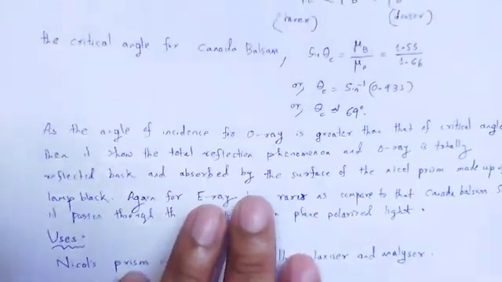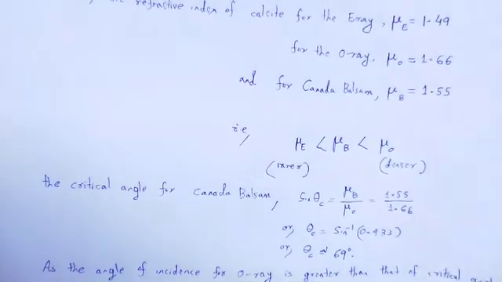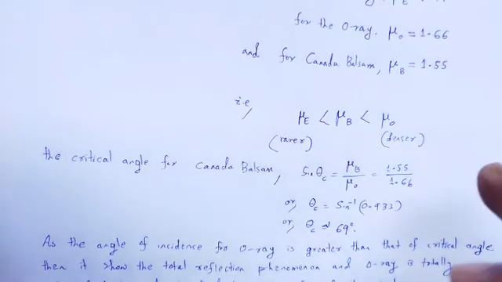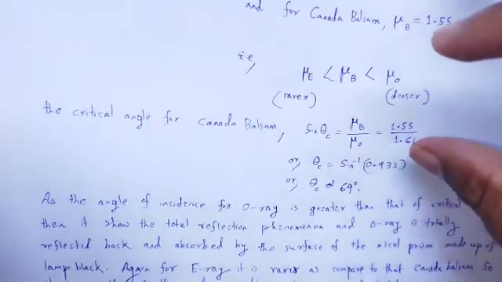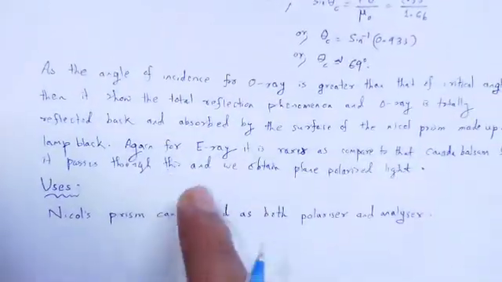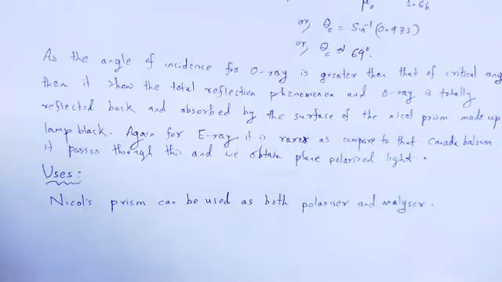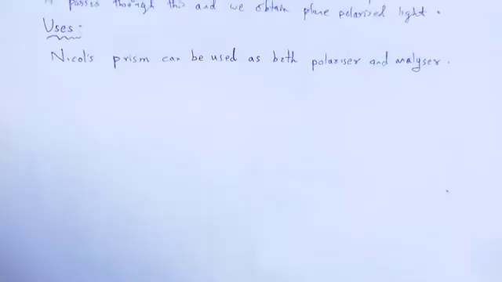Okay, this is the working that we observe in the case of the Nicol prism. In the Nicol prism, the phenomenon of double refraction as well as, for the O ray, total internal reflection takes place.